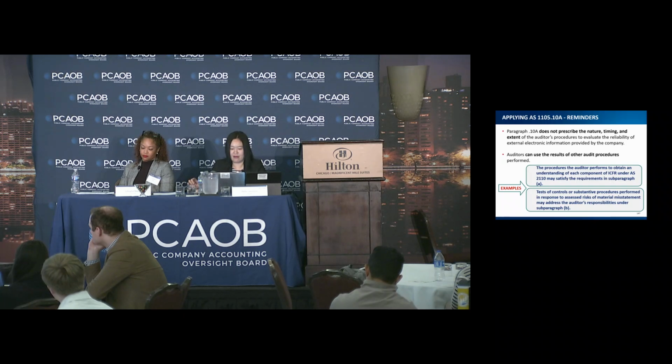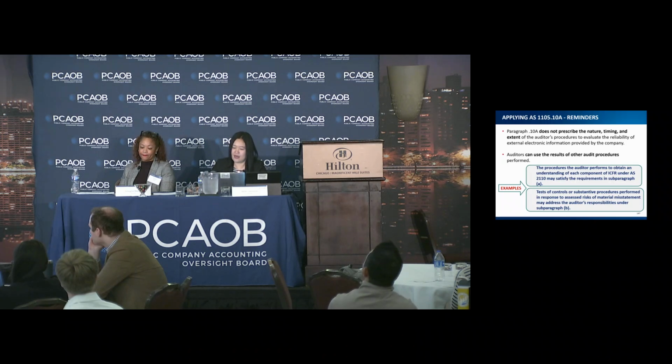In this scenario, the auditor's substantive procedures, in addition to being part of the response to the assessed risk, would also satisfy subparagraph B related to the reliability of the statutory income tax rate information.